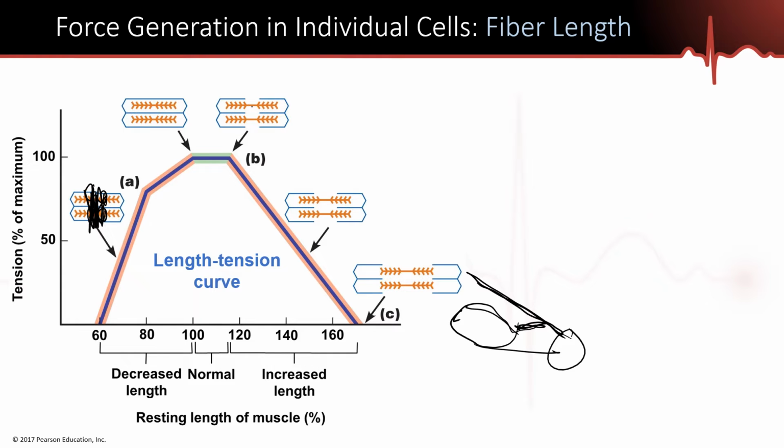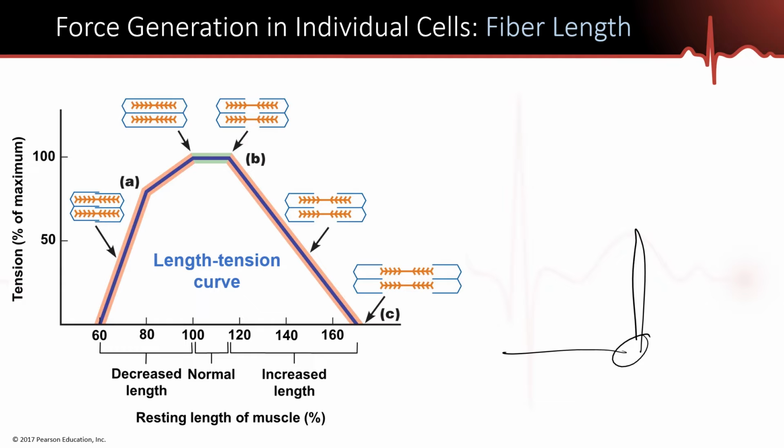So what then would allow for the most amount of force to be generated? At what length? The answer is somewhere in between. And in the case of the biceps muscle, it's at about 90 degrees of elbow flexion. At about 90 degrees of elbow flexion, the biceps muscle is not overly shortened, not overly lengthened, stretched out, right?